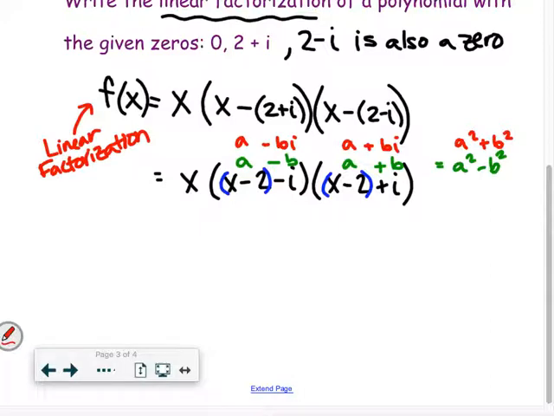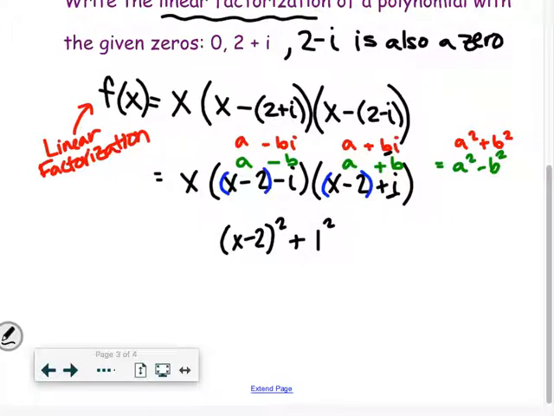So do you guys have a preference which one you want to do, red or green? Red. Okay, so if we do the red one, then to distribute this out, we're going to take a squared, which is x minus 2 squared. And because it had the imaginary units in the back, it's going to be plus b squared, but remember b in this is just the coefficient to i, so what's the coefficient to that i? 1 plus 1 squared.